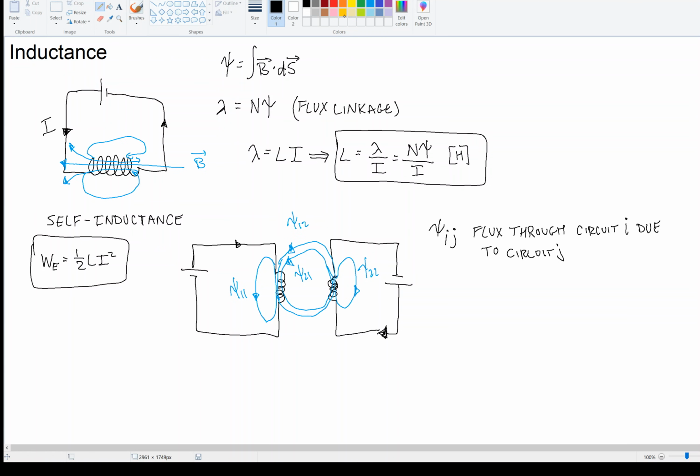So this one here, this would be the flux through this circuit 1 due to this guy over here. And you'll see psi 2, 2 then is the flux through circuit 2 due to circuit 2. So that's the self-inductance.